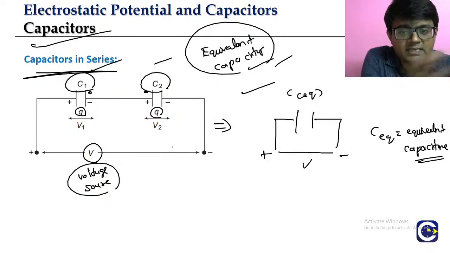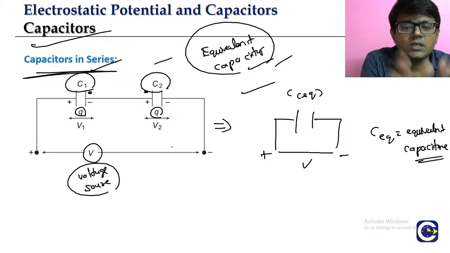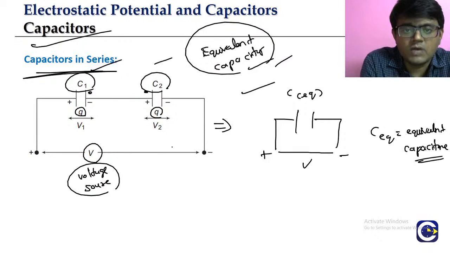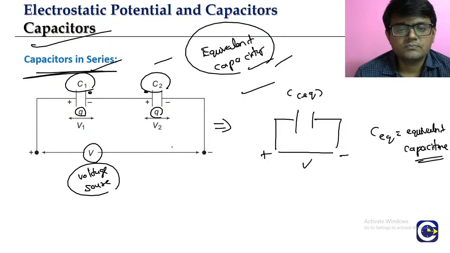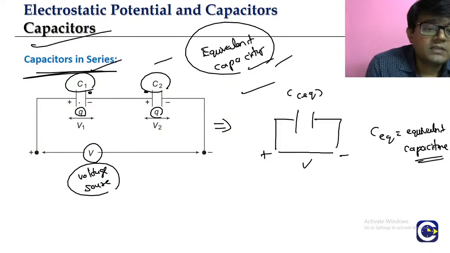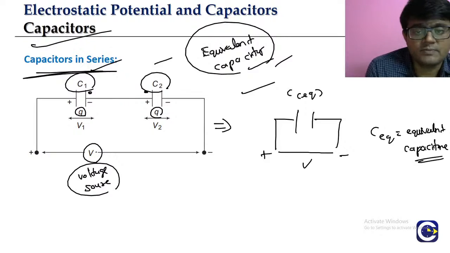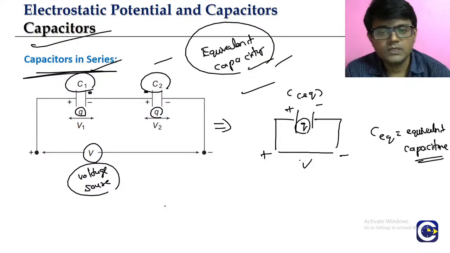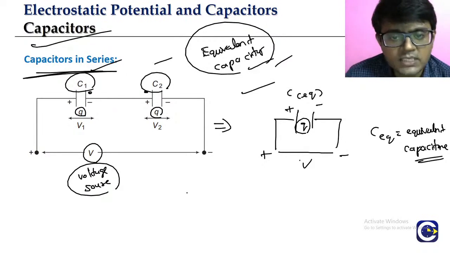Whatever work they are doing in the circuit, the equivalent capacitor should do the same job. What is the meaning of that? These two capacitors are able to draw a charge Q from the cell or the battery. So the equivalent capacitor should also draw the same charge Q.